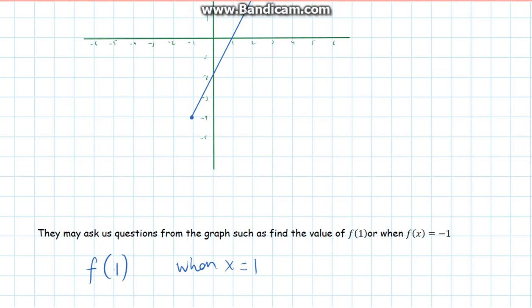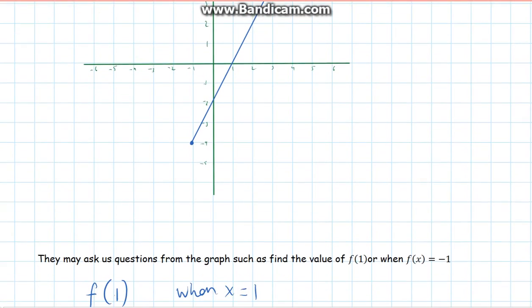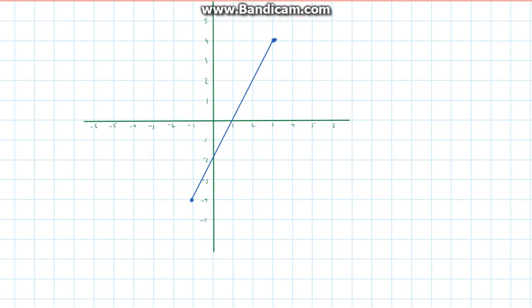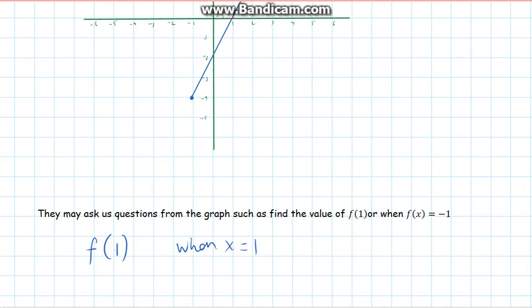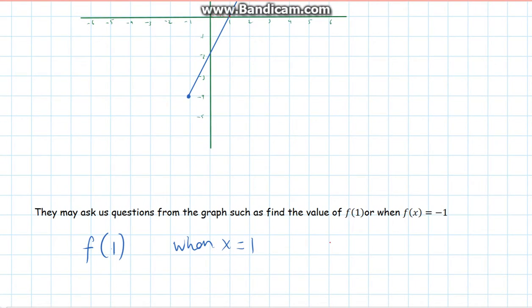So we go to where x equals 1, which is here, and the graph is just at 0. So y is equal to 0, or f of x is equal to 0. Like I said, that's not a great example, but you'll get the gist of what I mean.